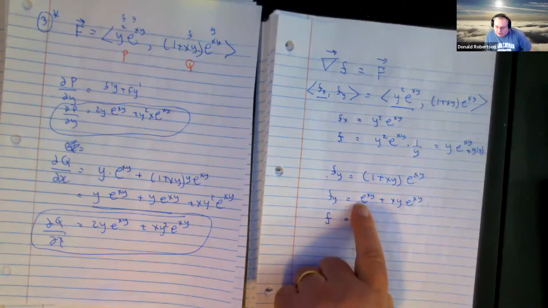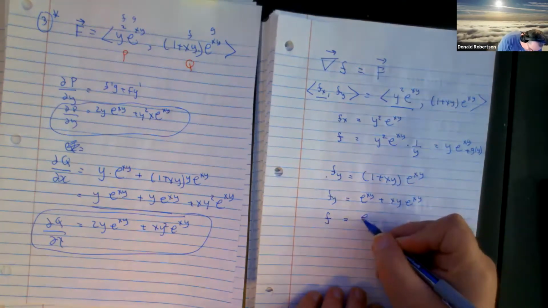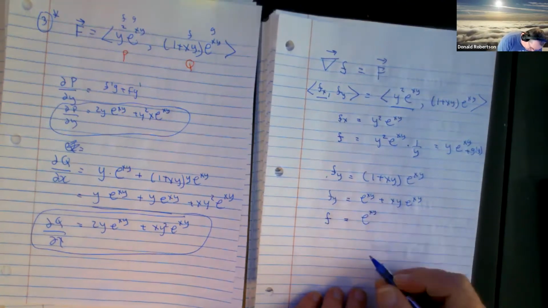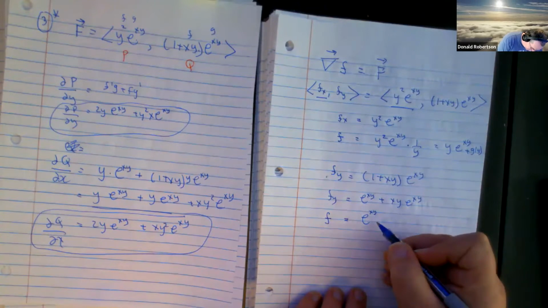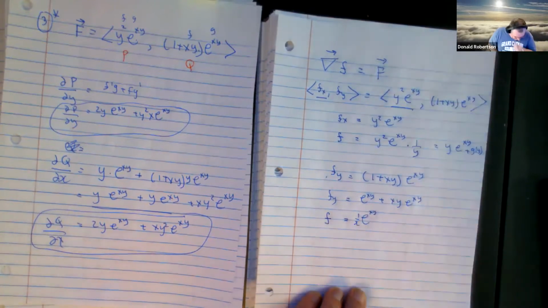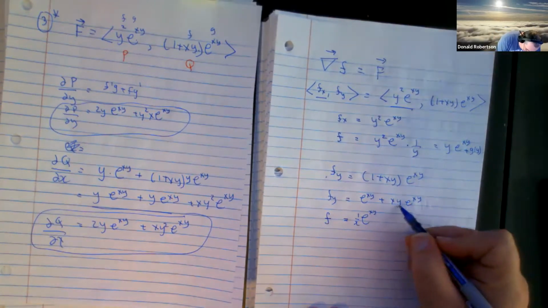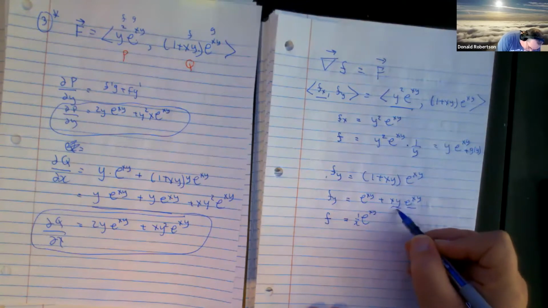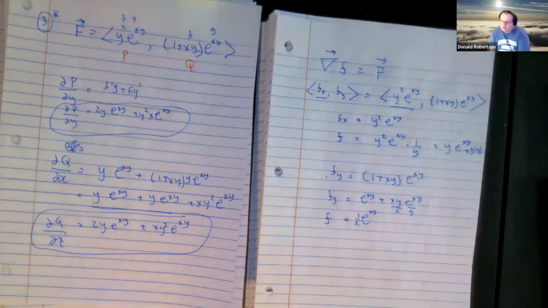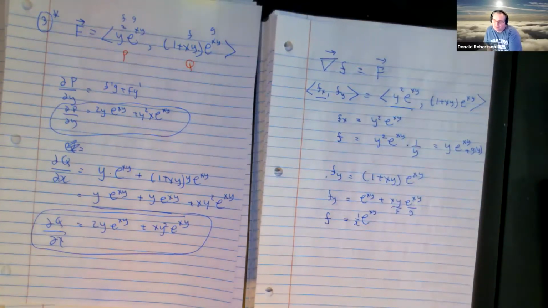Okay, you want to integrate this guy with respect to y, you get e to the xy times 1 over x. And if you want to integrate this guy with respect to y, would you believe it, not where I expected to find one, isn't this going to be an integration by parts?